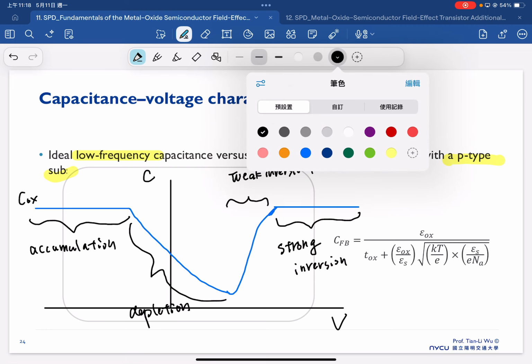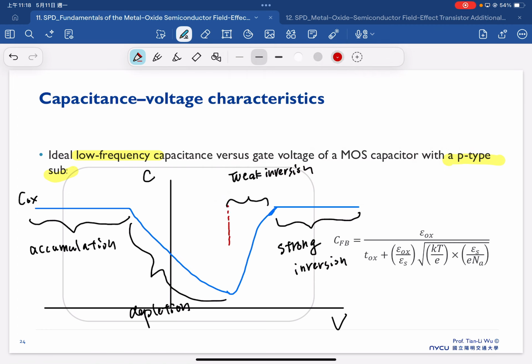And the point between the weak inversion and the depletion will reach the C minima. And also the point between the accumulation and depletion is a point related to the flat band voltage and also the flat band capacitance.